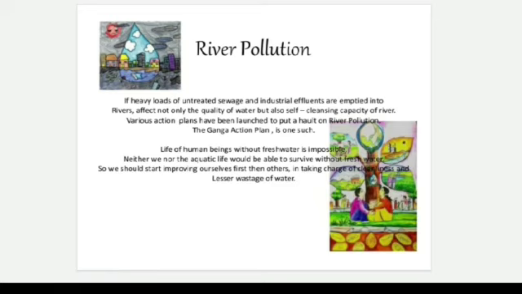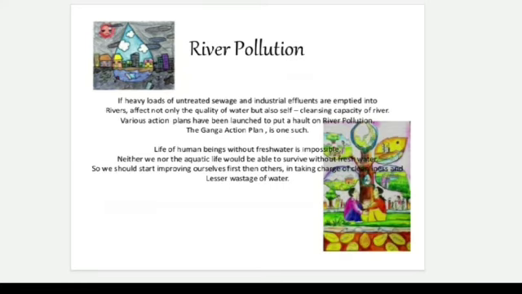When heavy loads of untreated sewage and industrial effluents are discharged into the rivers, they lower the quality of the water. They also lower the self-cleansing capacity of water, and that's why various action plans have been launched to put a halt on river pollution, and the Ganga Action Plan is one such plan.